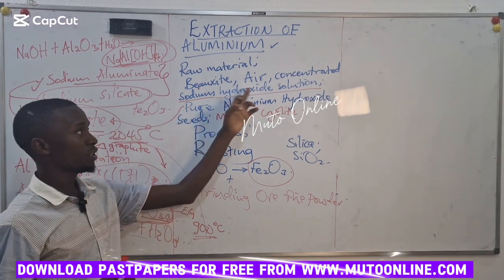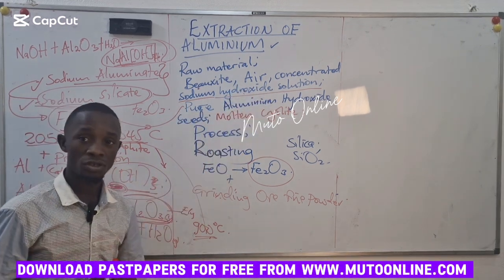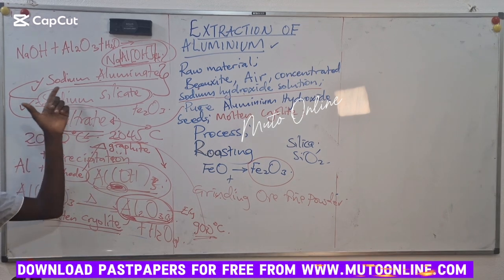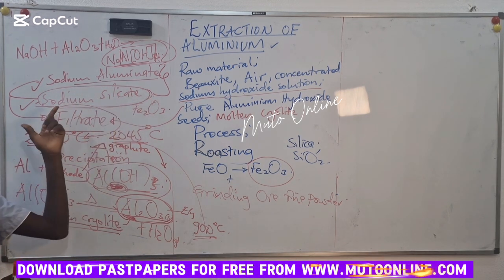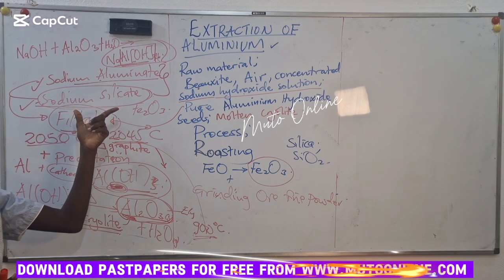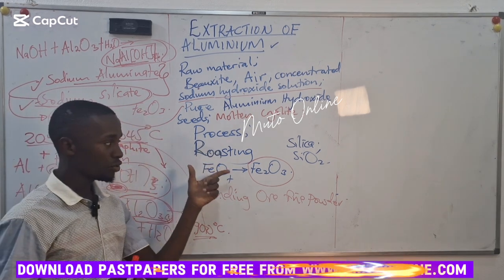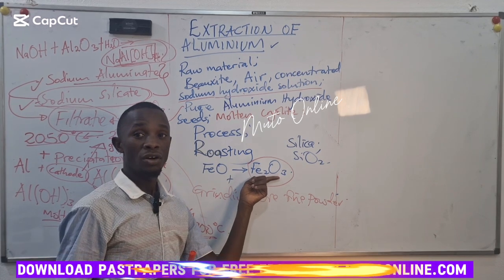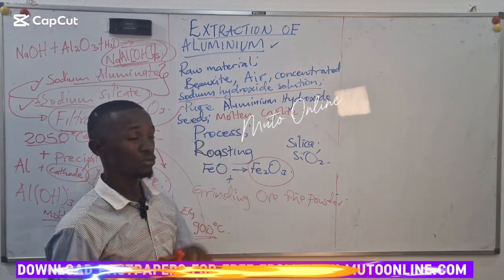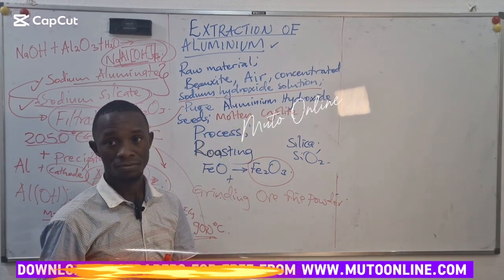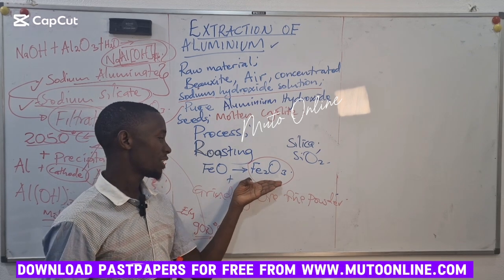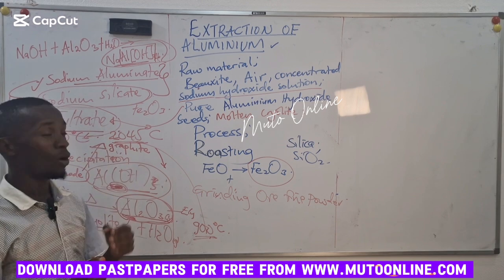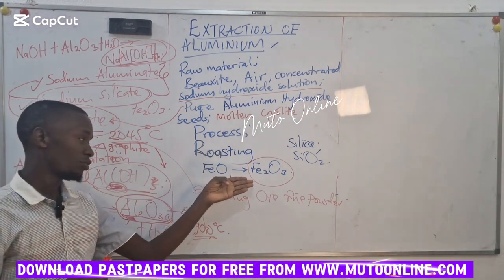Heating it with concentrated sodium hydroxide solution will result in formation of sodium aluminate and sodium silicate as a clear solution, but with solid iron 3 oxide, which will not dissolve in the sodium hydroxide. So the iron 3 oxide will be filtered off and removed from the ore. So that impurity is removed.